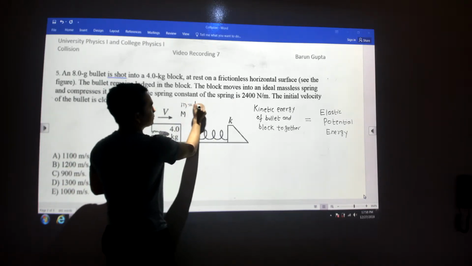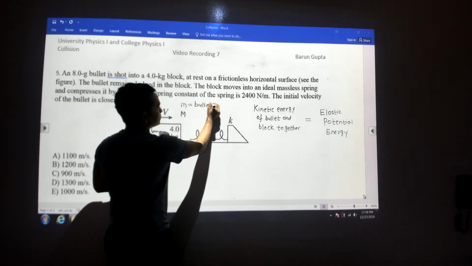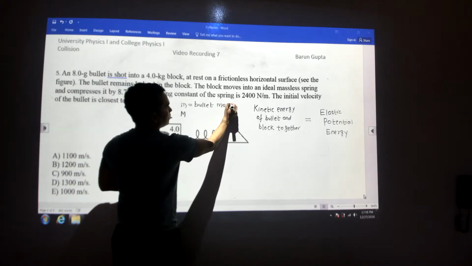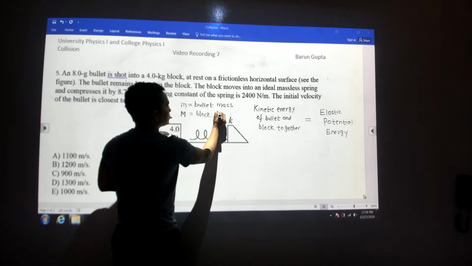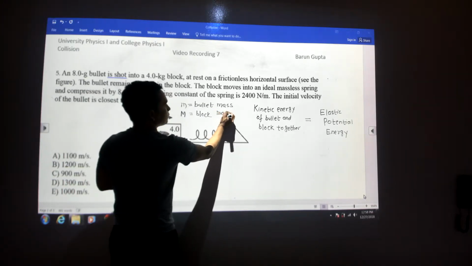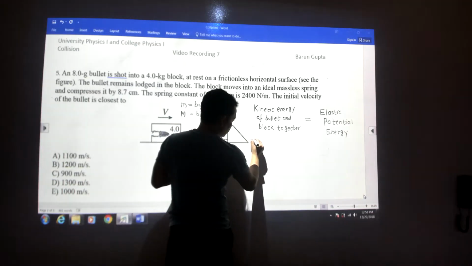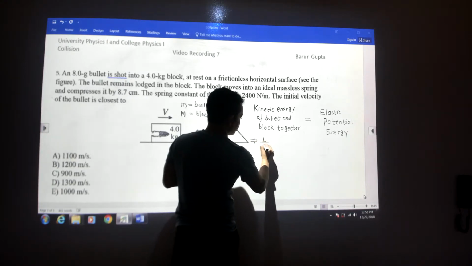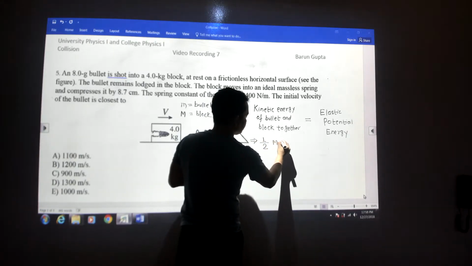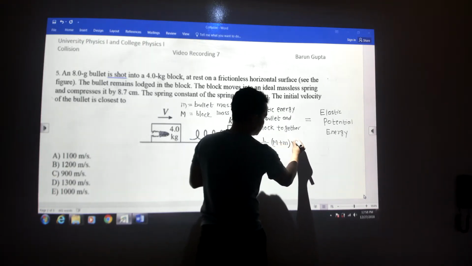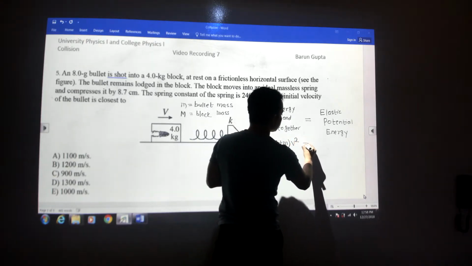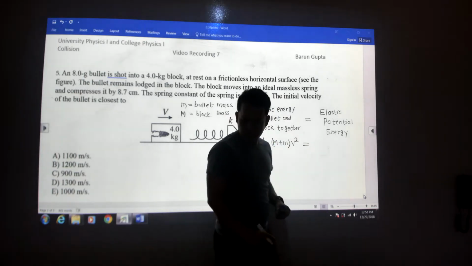The bullet mass and block mass, and the velocity is given right here. So its kinetic energy would be half (m plus M) v squared. What is the elastic potential energy?